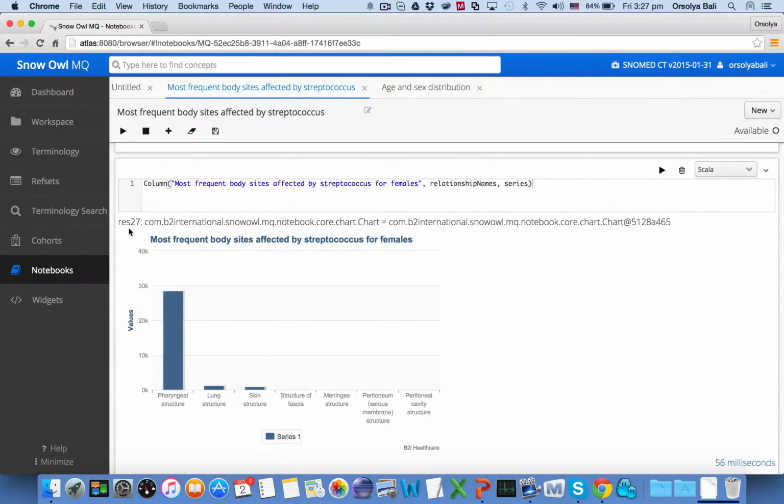This answer is only possible to get if you have the ability to traverse these semantic relationships. So similarly to finding site, we've seen that there are a lot of other relationship types like associated morphology, clinical course, pathological process. So these can all be used to ask further questions.